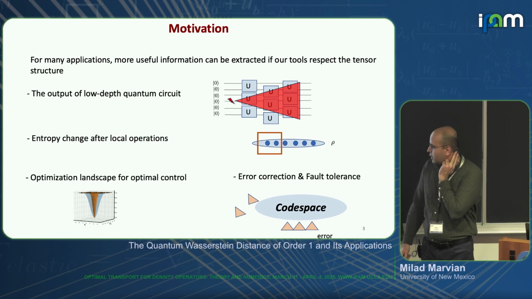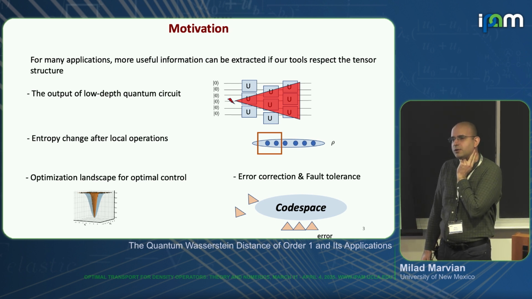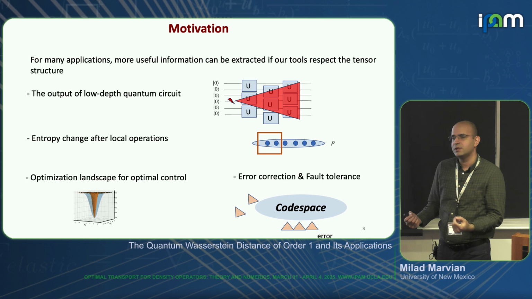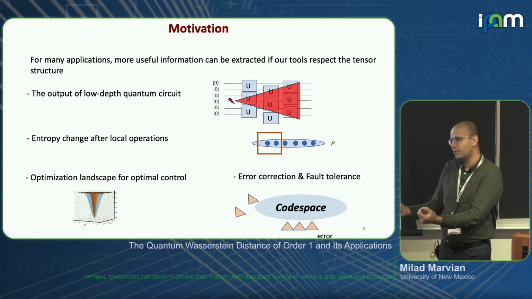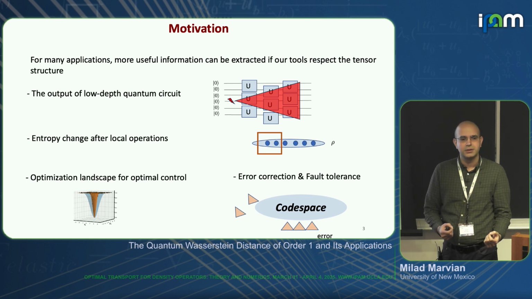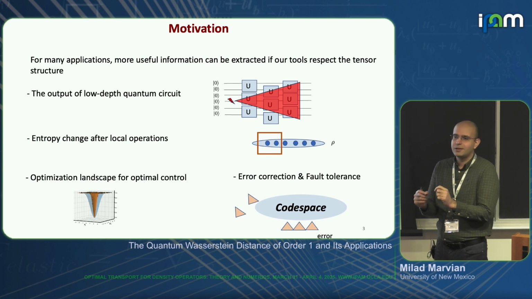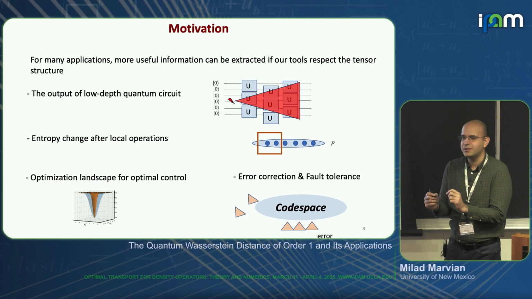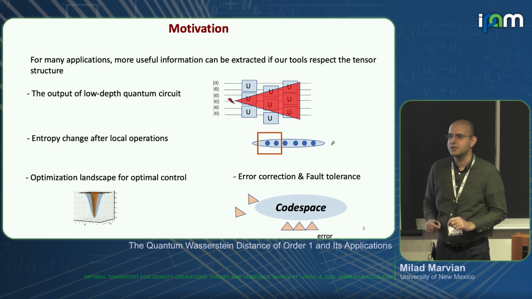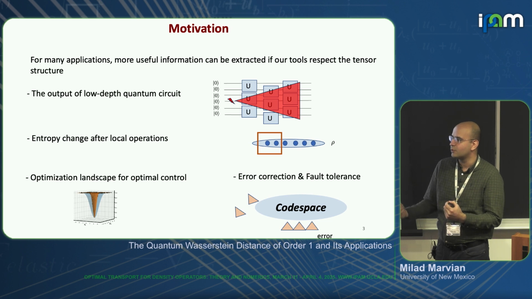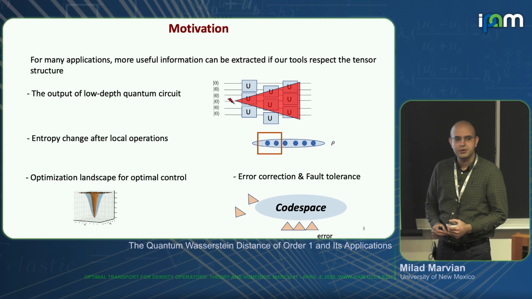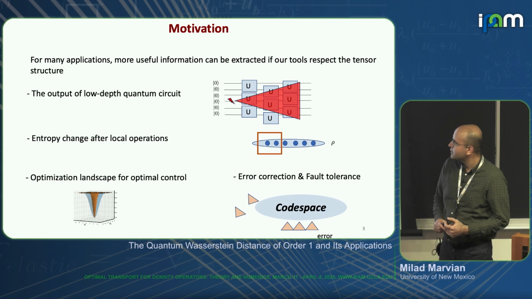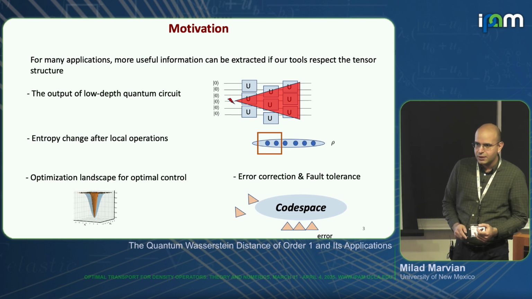Another one is more about error correction and fault tolerance. In a lot of real scenarios, we have some information about how nature is interacting with our system. For example, if we have a good system and we have good control, it's a good assumption that nature is interacting locally with my system. And if I have a distance that keeps track of these local interactions, that can be useful for error correction or even fault tolerance. So that's the motivation.